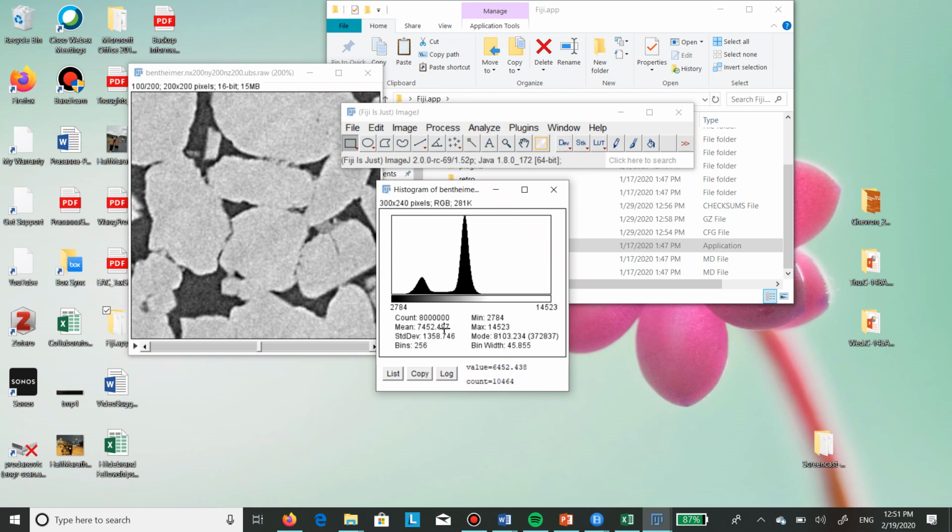Those are effectively the mean values within each region. You just can't use what it gives you here, because the assumption for this statistic is that this is normally distributed, which it's not. It's binormal. So a proper, correct way to do this would be to fit this histogram as a binormal distribution.